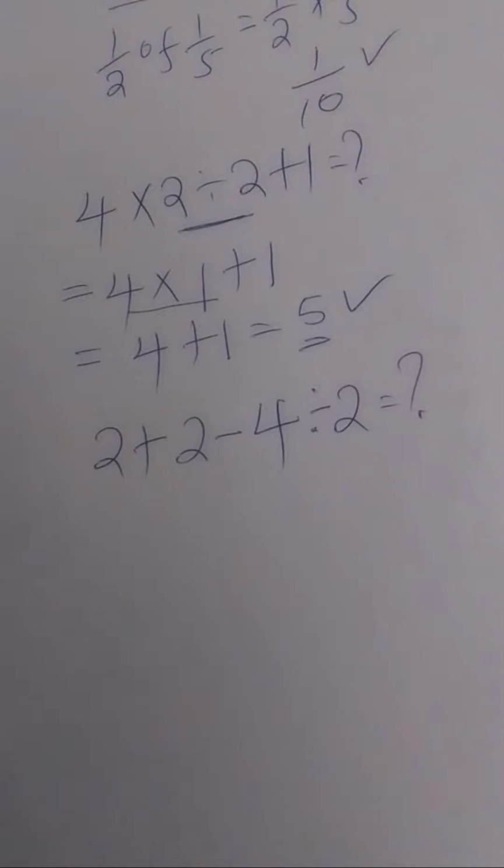As usual, you follow the BODMAS rule. This maths problem deals with the BODMAS rule. You first check if the bracket is available. If the bracket is not available, you move to of. If you've not seen something that is written of, you move to the next thing.